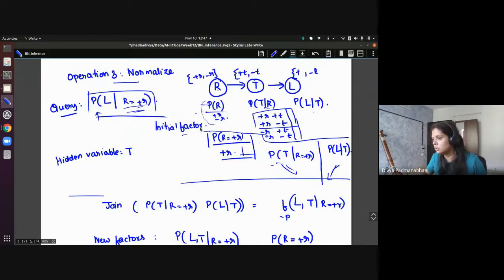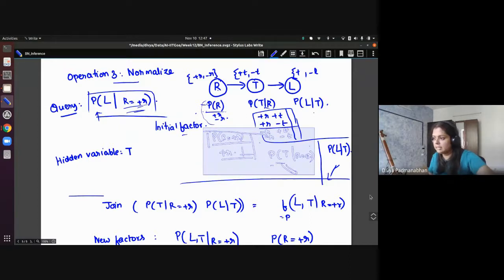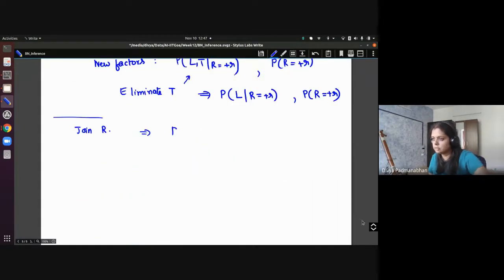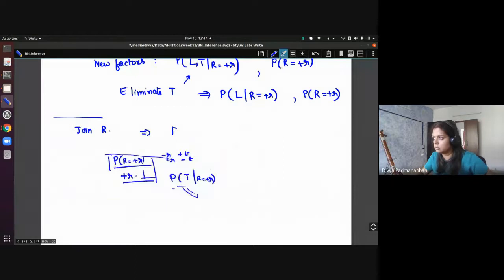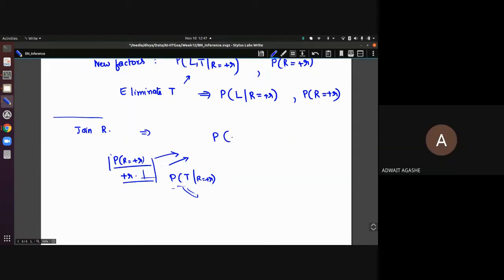What you had was P of R equals plus R and P of T given R equal to plus R. Suppose you joined these two first. Can you tell me what you would get?